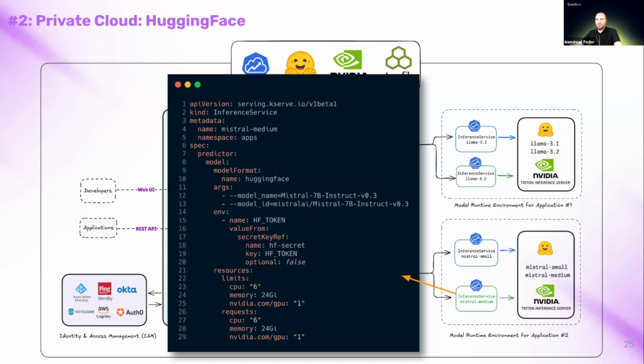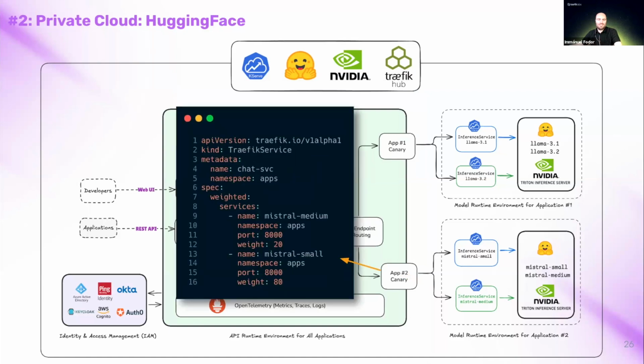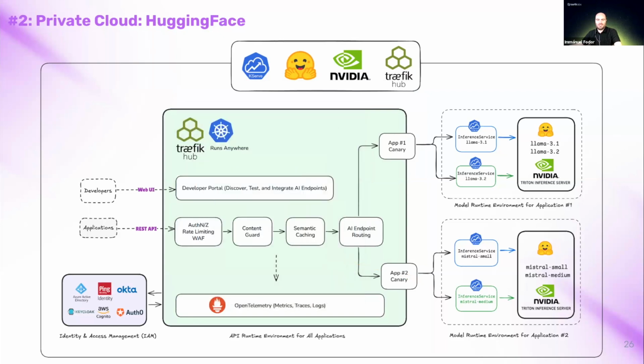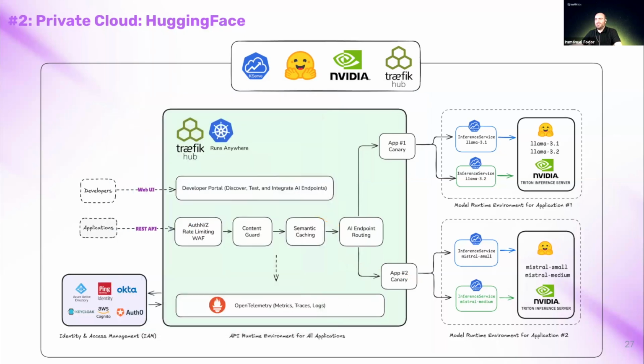KServe will create a Kubernetes service that Traefik can use similarly to the previous one. So you can see we will tap into the Mistral Medium and Mistral Small services created by KServe, and then everything else is still the same. The routing does not change too much. You can see basically no change here, and then all the policies can be applied the same.